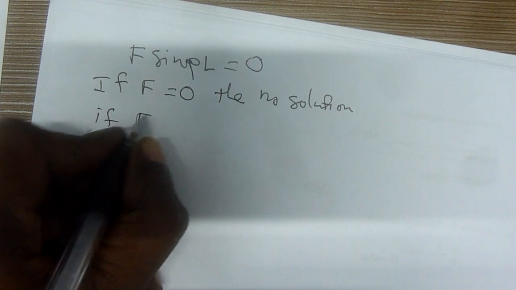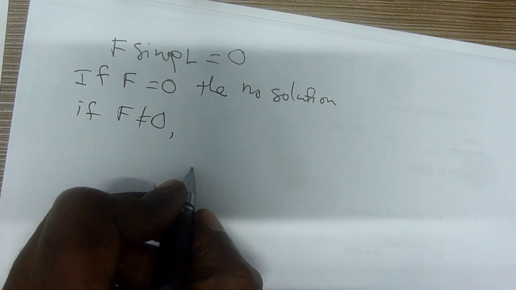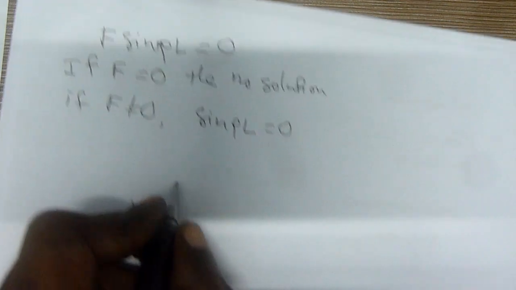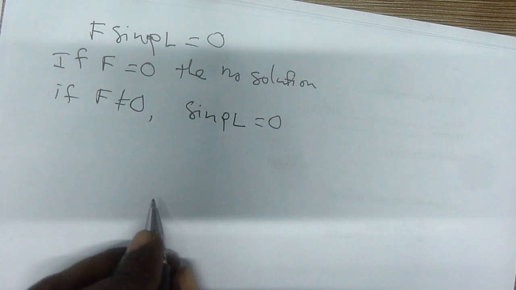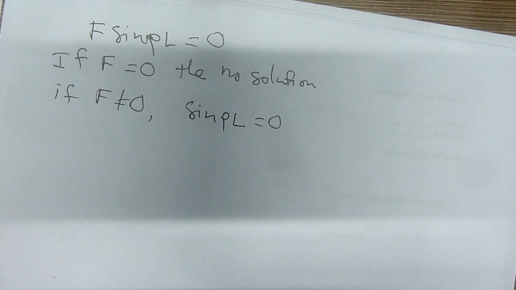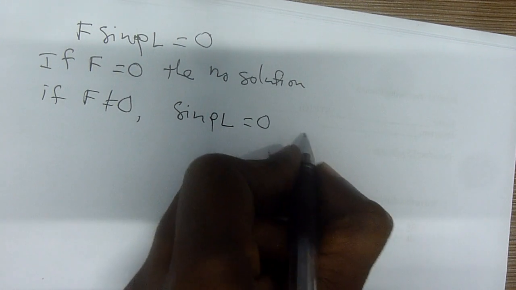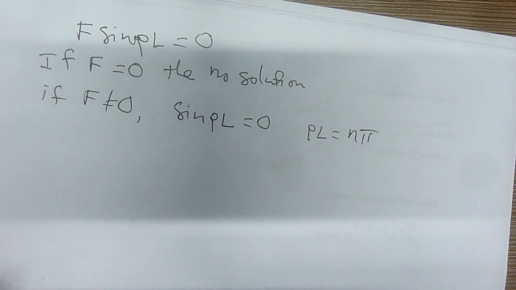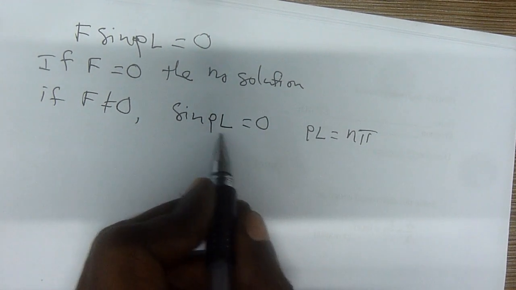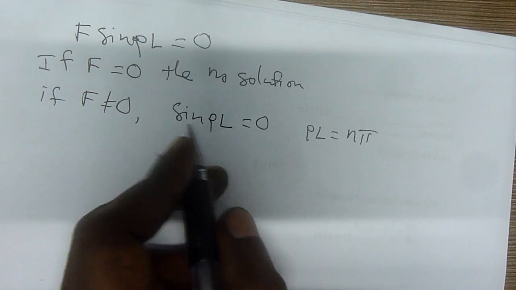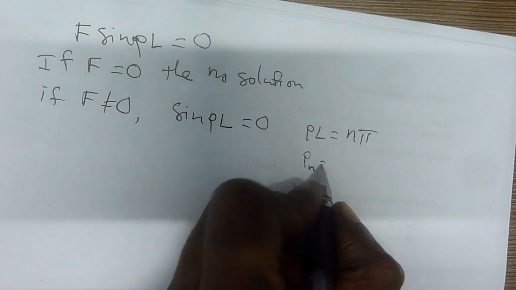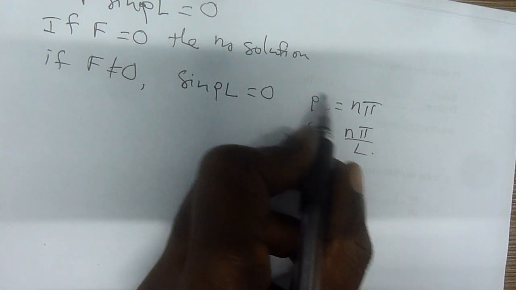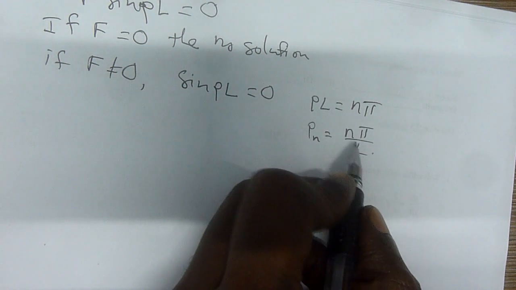If F is not equal to 0, then I need to make sin PL equals 0. When sine PL becomes 0, whenever PL equals nπ, you try and see, nπ one by one, the whole thing becomes 0. Then can I say the Pn becomes nπ over L? Therefore PL becomes nπ.